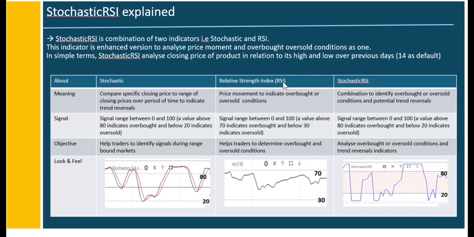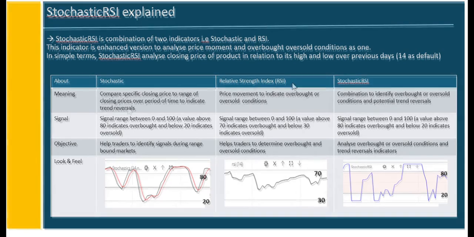Whereas relative strength index, RSI, based on your closing prices or the price movement, indicates whether it's an overbought or oversold condition. So when you combine the two, stochastic RSI, it's a combination to identify overbought and oversold of price, as well as giving you potential trade reversals.